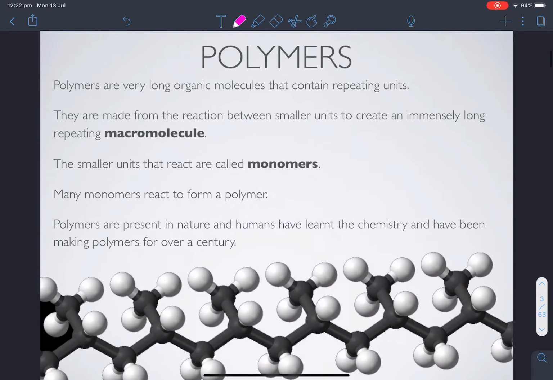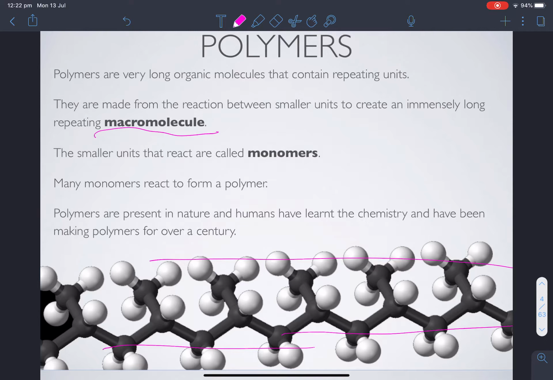Okay, so polymers are very long chain organic molecules that contain repeating units. They're made from the reaction between smaller units to create an immensely long repeating molecule, a macromolecule, a very large long molecule, long chains. Look at this picture I've got here. It's a long alkane.